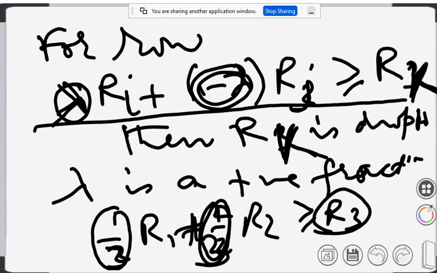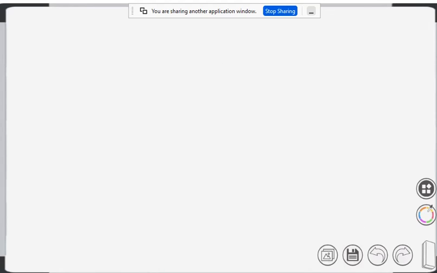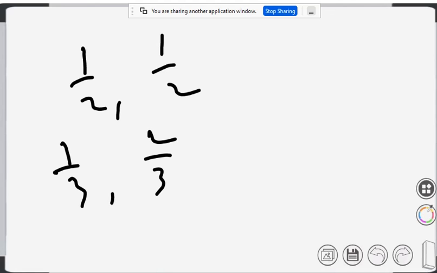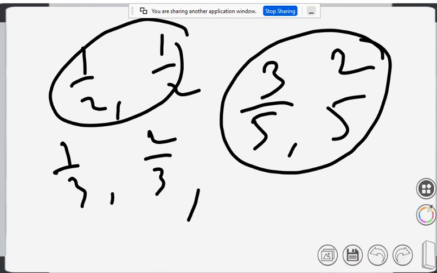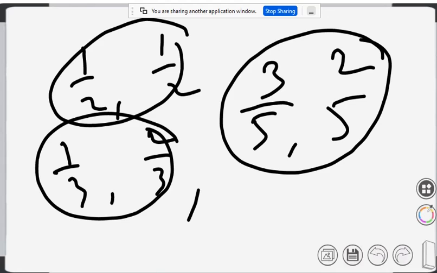The two fractions could be half and half, one third and two third, or three fifth and two fifth, anything such that their sum is 1. This can be obtained by trial and error, and that is why it is tricky. It is very difficult to find the two positive fractions that give you a particular dominance property.